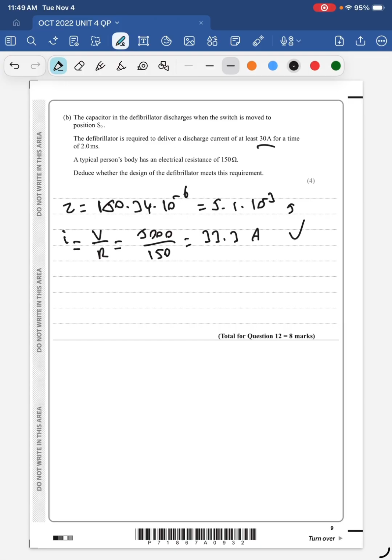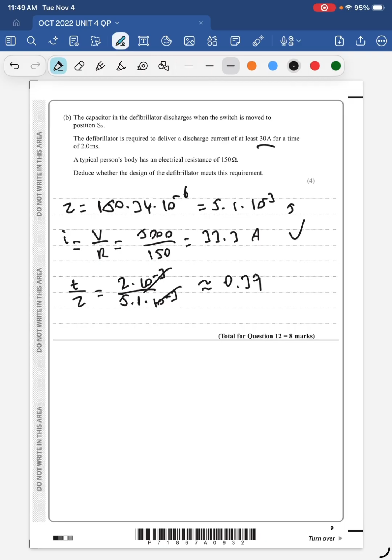So let's divide 2 milliseconds by the time constant. 2 times 10 to the negative 3 over 5.1 times 10 to the negative 3 will give us, 2 over 5.1, so 0.39.